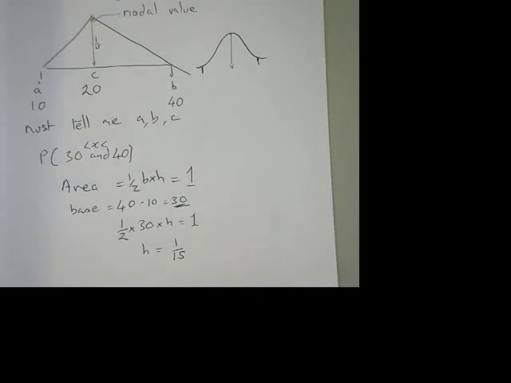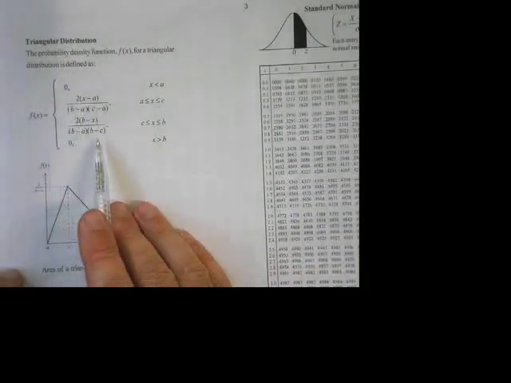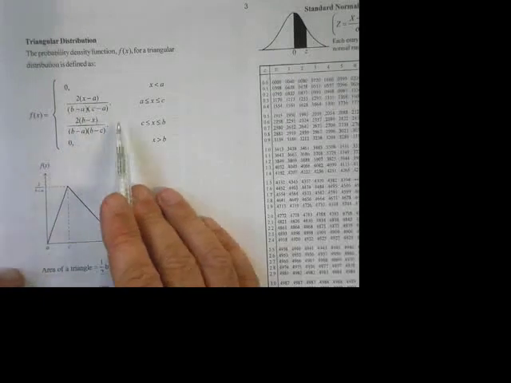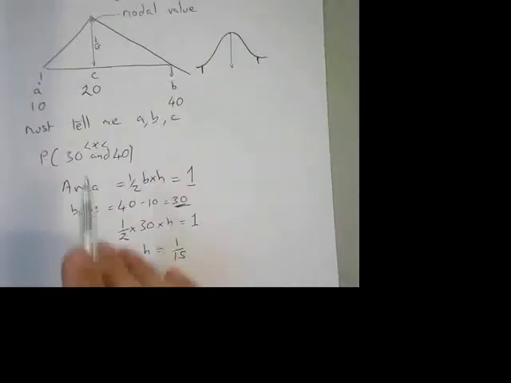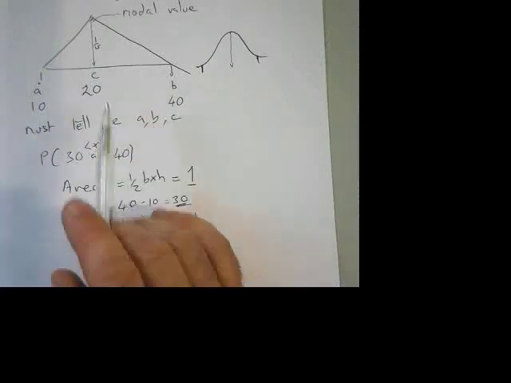How would you calculate where the C was? So the formulas that you're given on your formula sheet here don't actually tell you what C was. There's no real way of working out C as such. Okay, so in this case, I will tell you C, and to be honest, if you've got a bar chart or something like that, you can see what C is. Normally, they will tell you what C is. So we're going to assume that you're going to be given that.